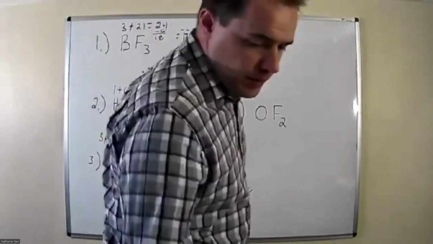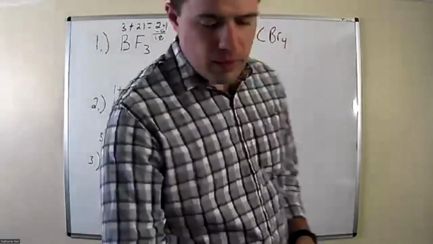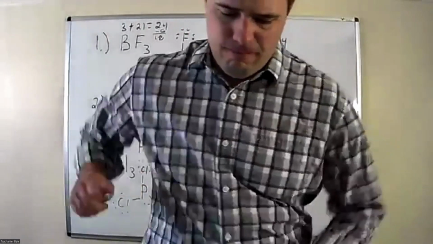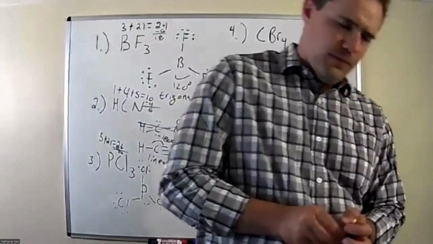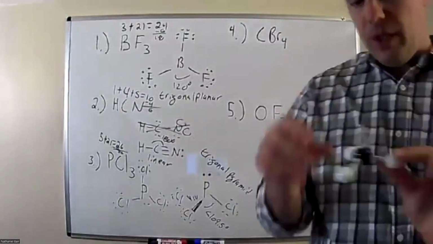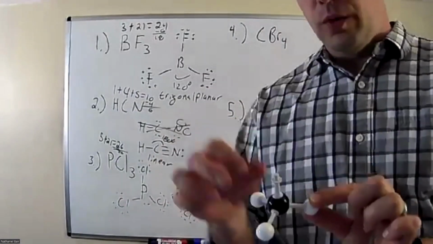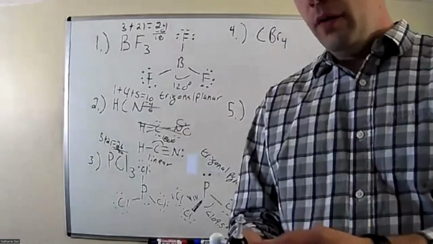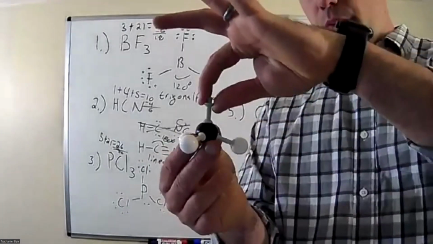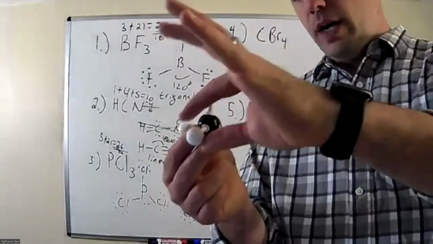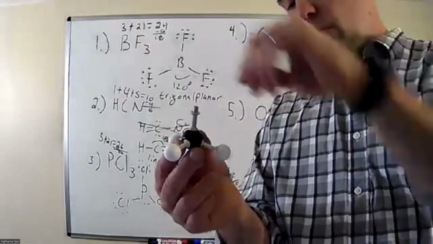Let me show you what that looks like. It looks like this. So you have your tetrahedral shape, right? You got your thing with 4 things coming off of it. One of the chlorines is in the plane and 1 lone pair at the top. Then you got one guy coming out at you and another guy going away from you.